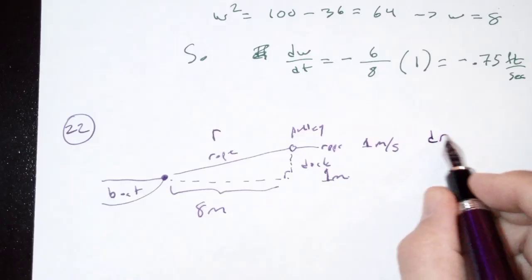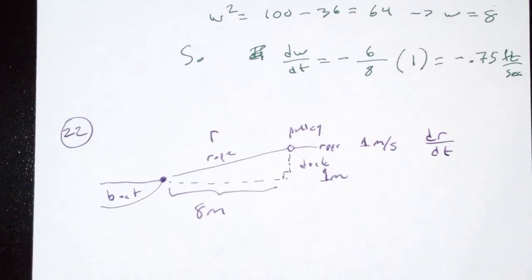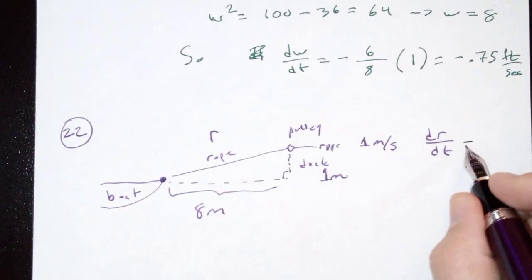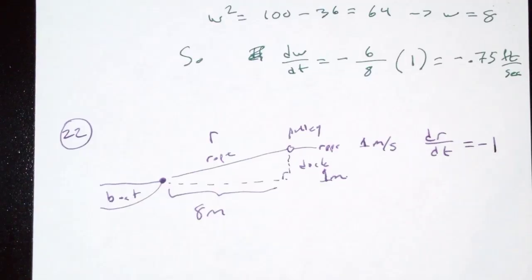That's going to be the change in R. Now, is the rope getting bigger or smaller? So should the change be positive or negative? You could leave it positive and use the word shrinking or decreasing. If you make it negative, then you've built that into the sign. You don't have to make it negative, but I think it would be better if I made that a -1 to indicate, hey, this rope is getting smaller.